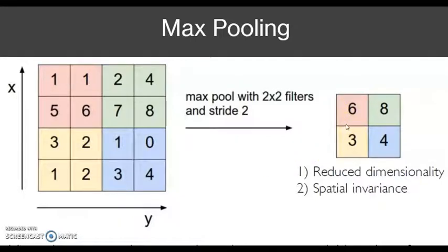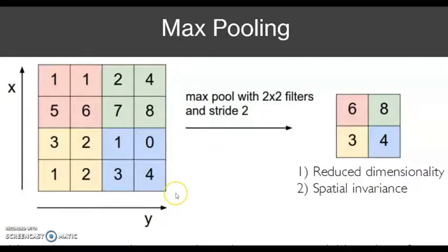Here we are reducing the size and the parameters, and at the same time this is great because it means that the model won't overfit on the information. We could also use average pooling or sum pooling, but they aren't common choices.